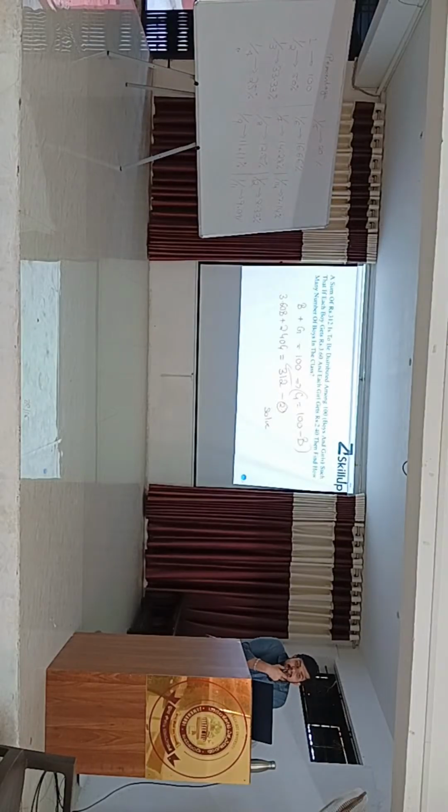You need to find out. Each boy is getting this, each girl is getting that. Total amount distributed is among 100 boys and girls. If you are not able to find out, you can use a calculator.